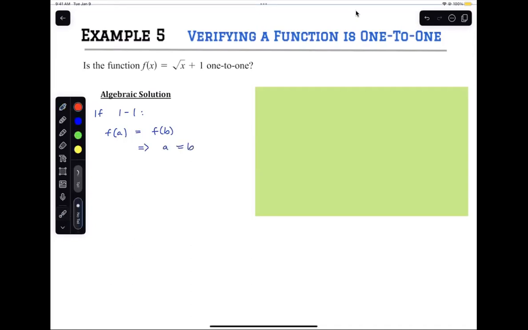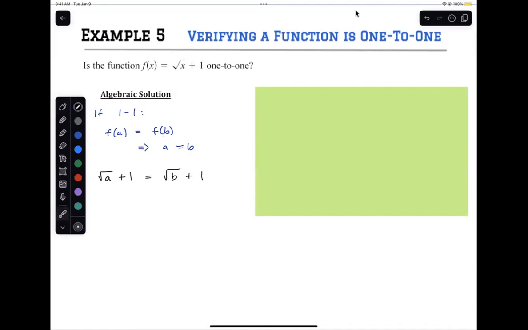So we're going to plug in a instead of x, and then plug in b. So instead of writing the square root of x plus 1, I'm going to say the square root of a plus 1, and that's supposed to be equal to the square root of b plus 1.